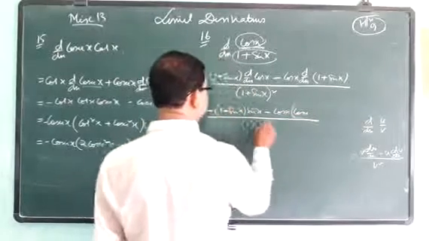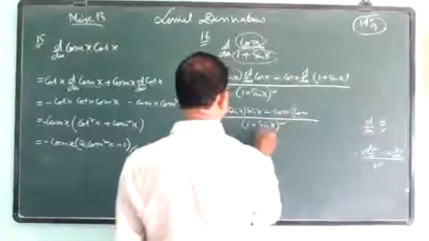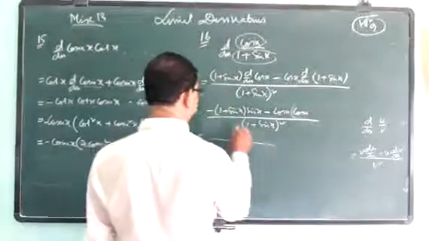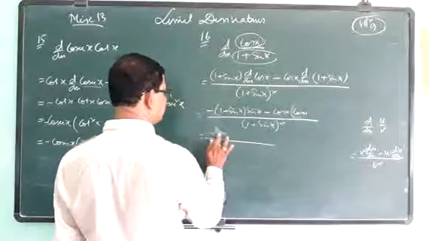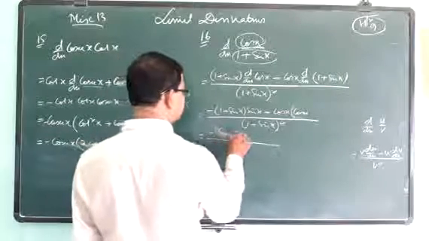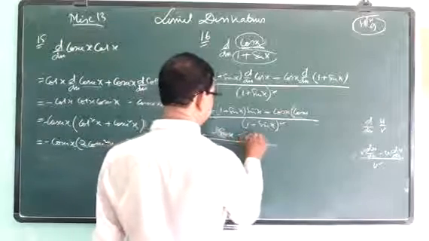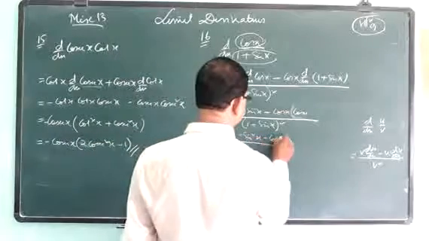So we are getting minus (1 plus sin x) times sin x, minus cos x times cos x, which is minus sin x minus sin square x minus cos square x.